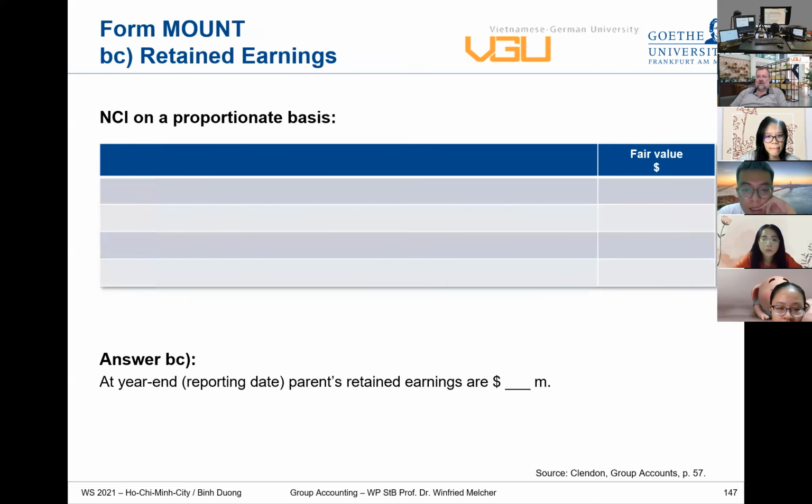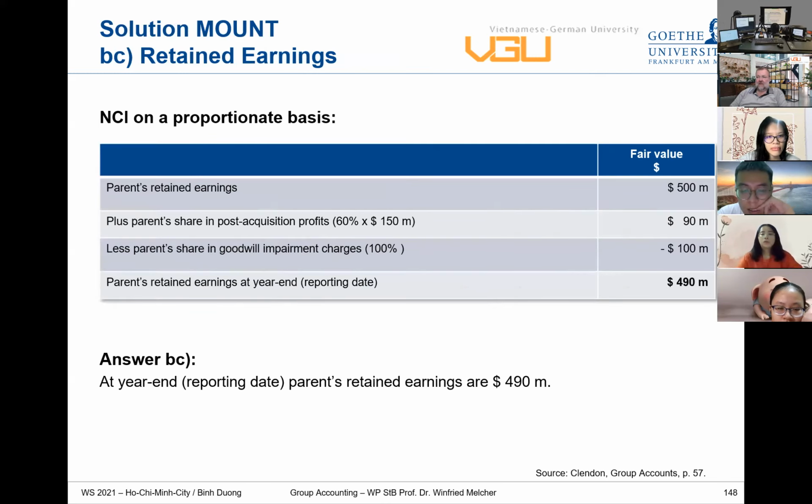And then we will look at the parent retained earnings. So the parents' retained earnings are 500 million at the start. We saw that from the facts and circumstances. Then they get this post-acquisition profit share, which is 60% of 150 million, 90.